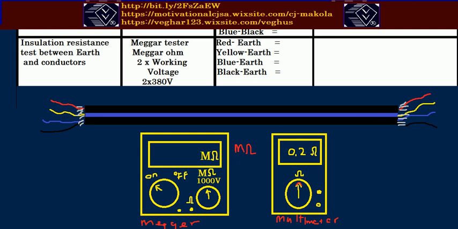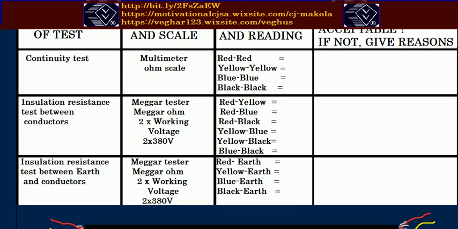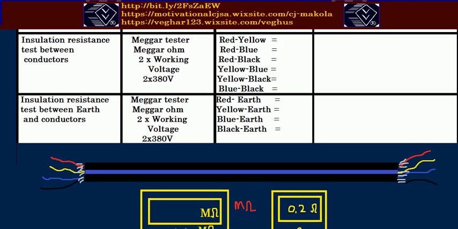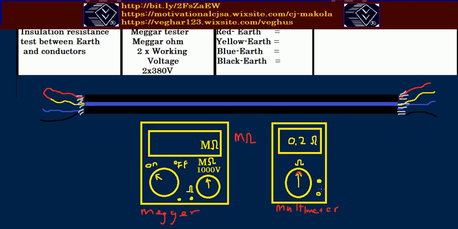Let's say for instance we want to test red and red. We'll use one side to bridge. We just bridge this one, and then you take one lead and connect it here, and connect the other one to this one, and then we note the reading.